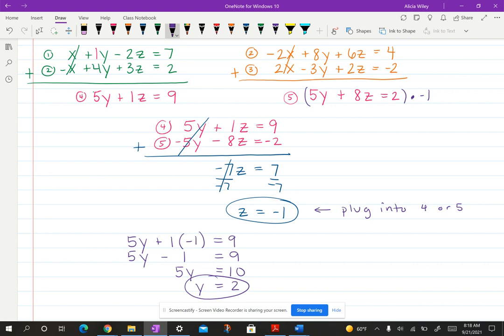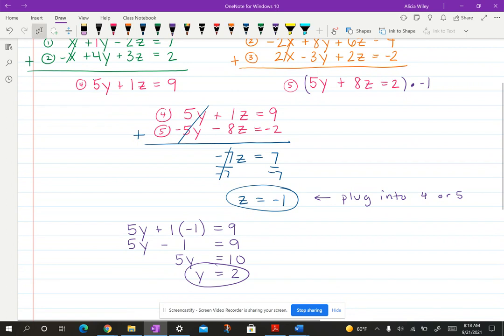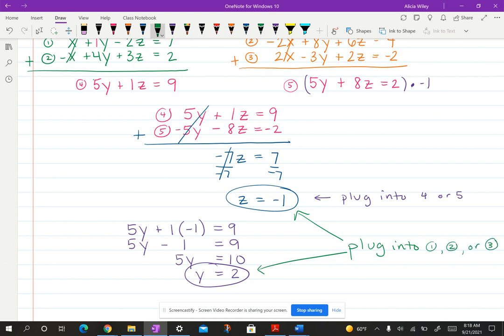Since I have a y and a z, this is now where I'm going to go back, and I'm going to take these 2 values and plug them in to where I see those 2 variables, but I also see an x, which is equations 1, 2, or 3.